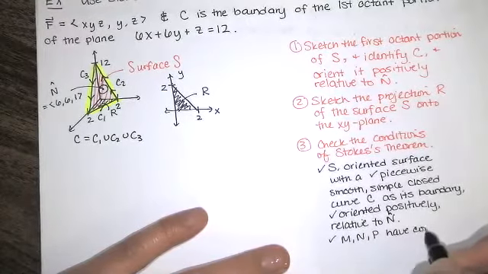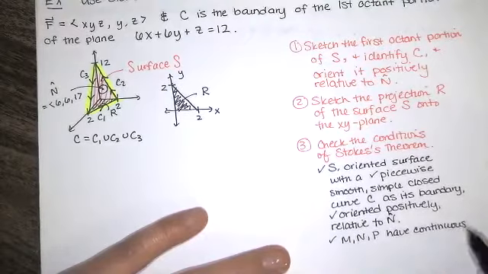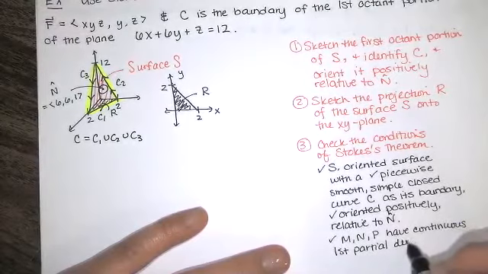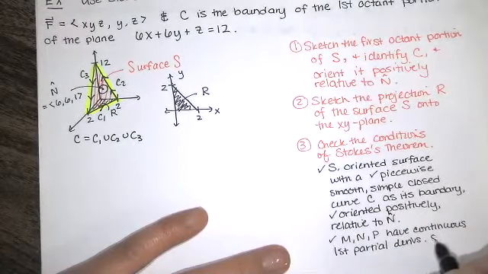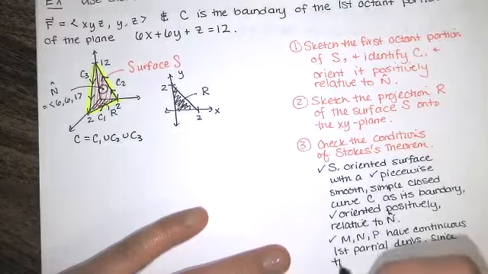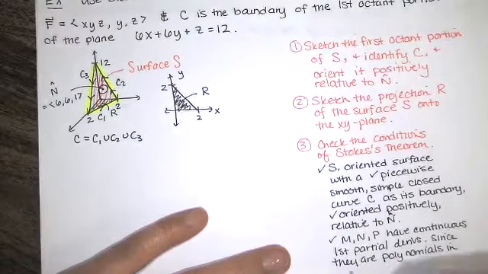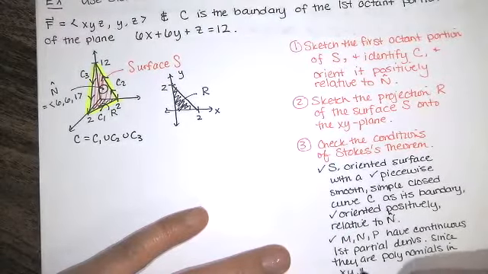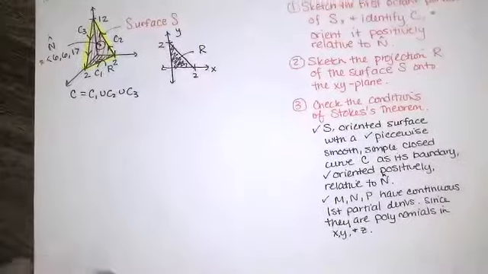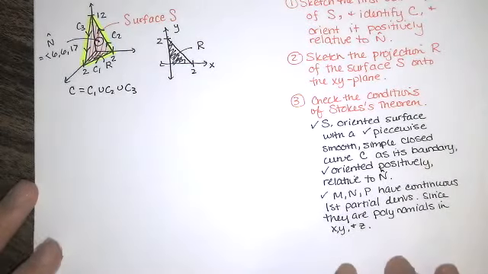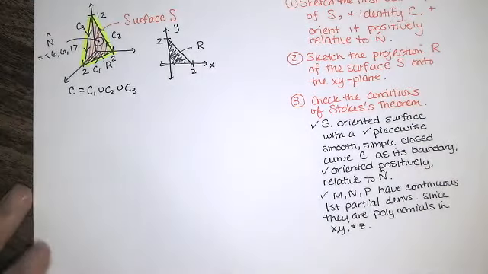So we'll say M, N, and P have continuous first partial derivatives, since they are polynomials in x, y, and z. Okay. Since all of that is true, we can apply Stokes' theorem.